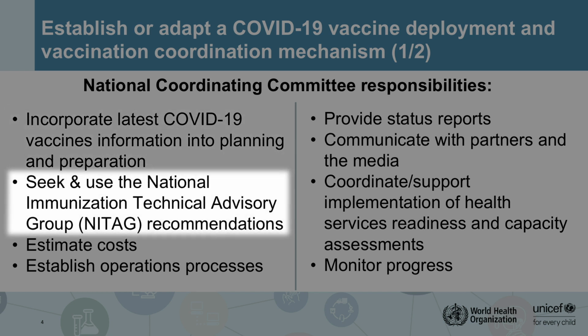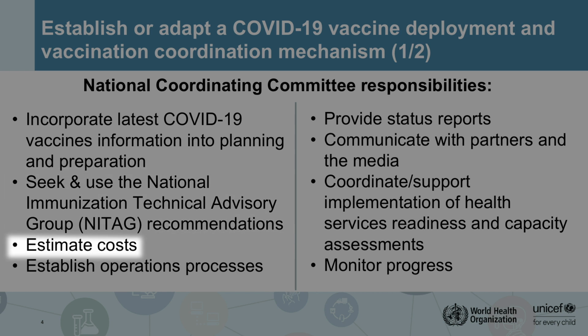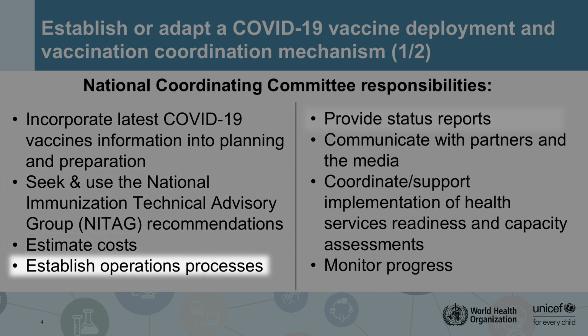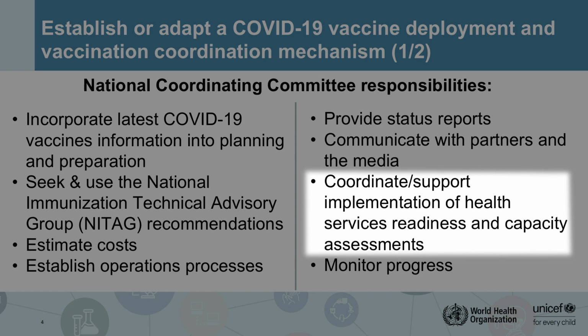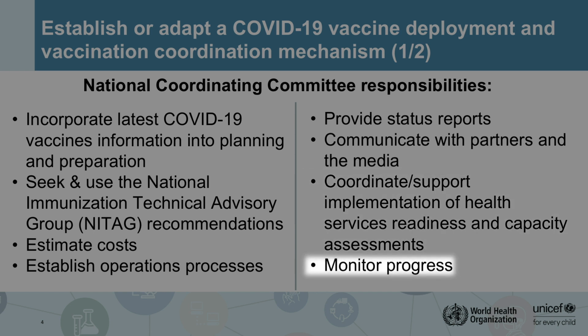It should seek and use the National Immunization Technical Advisory Group, NITAG, recommendations, estimate costs, establish operation processes, provide status reports, communicate with partners and the media, coordinate the implementation of health services readiness and capacity assessments, and finally, it should monitor progress.